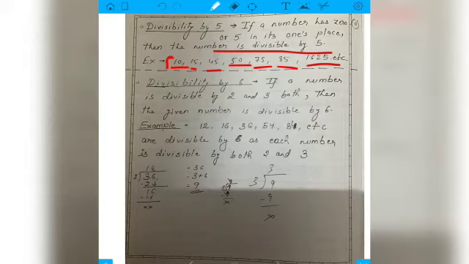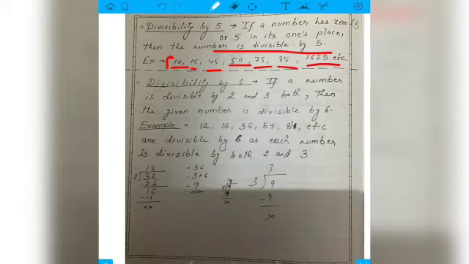Let's talk about 6 only. 6 is divisible by 2 because it is an even number, and 6 is also divisible by 3 because 3 twos are 6. It comes in the table of 3 also. So if a number is divisible by both 2 and 3, it will also be divisible by 6.